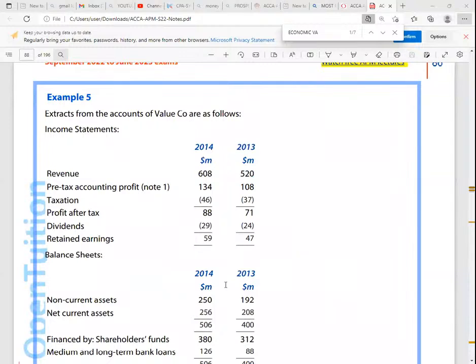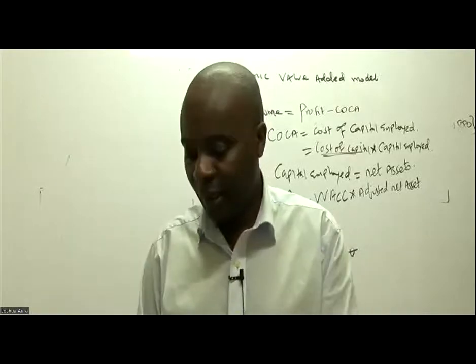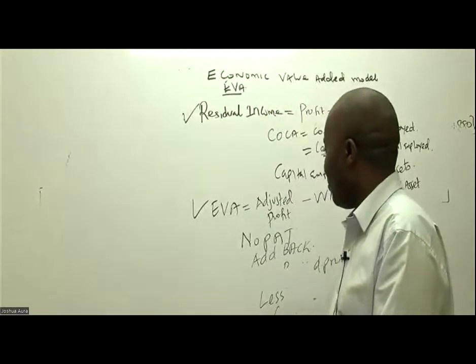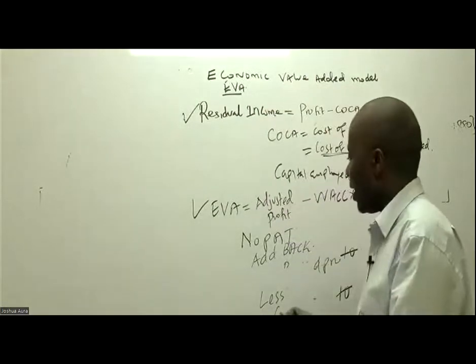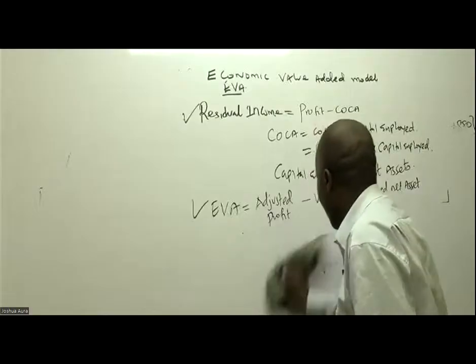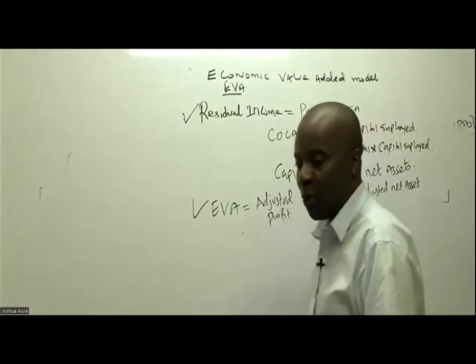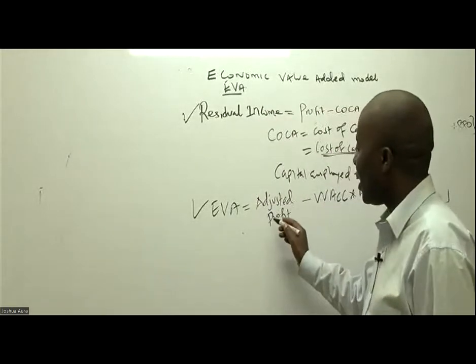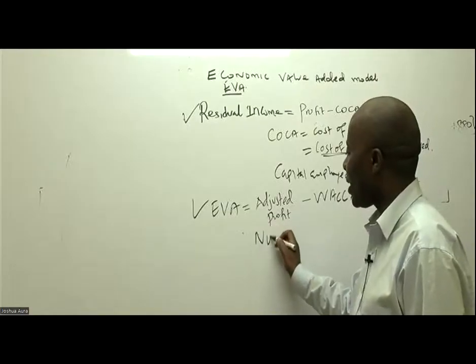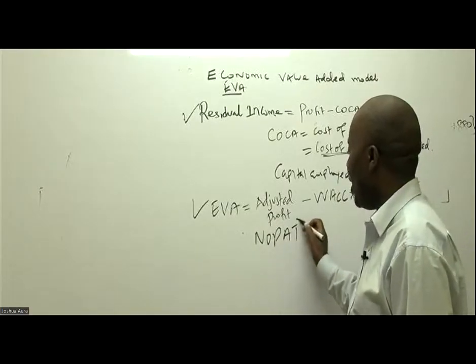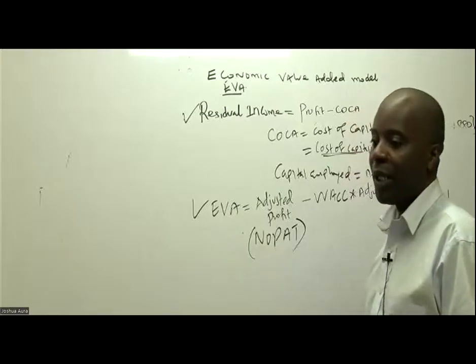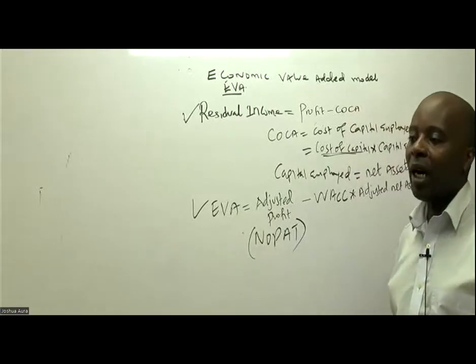We want to send you this book right now, and as I do that, I expect you to remember that our EVA here is based on adjusted profit, and this adjusted profit is what we call NOPAT, net operating profit after tax.